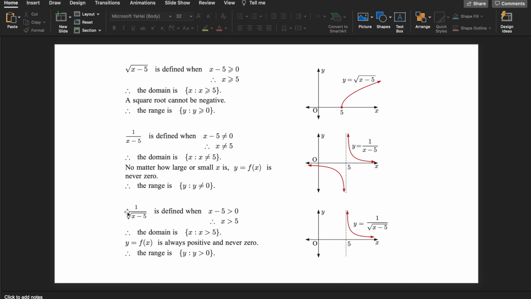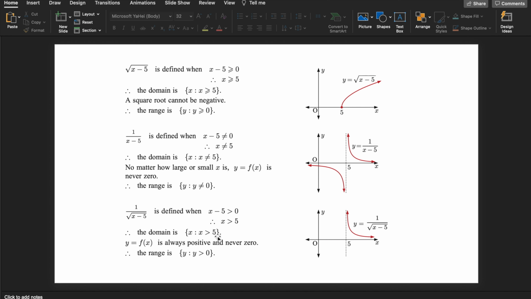Okay, the next one is a combination of these two. So it is defined when x minus 5 is greater than or equal to 0, because less than 0, first of all, the root part wouldn't work, and if it's 0, the 1 divided by 0 would not make sense, hence it's not defined. Therefore, they have stated that this is defined when x minus 5 is greater than 0, meaning x is greater than 5.